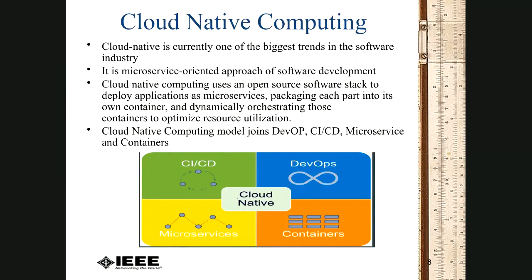The cloud native computing concept was brought up in the industry based upon the microservice architecture. I will go into a formal example and definition of a microservice architecture in the coming slide. But before that, let me tell you about cloud native computing. This is a very good trend these days.